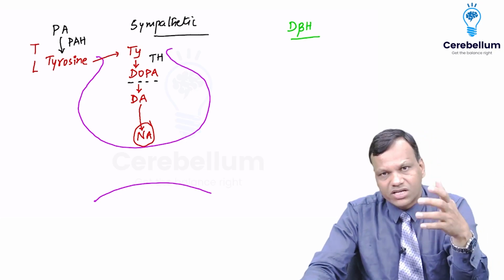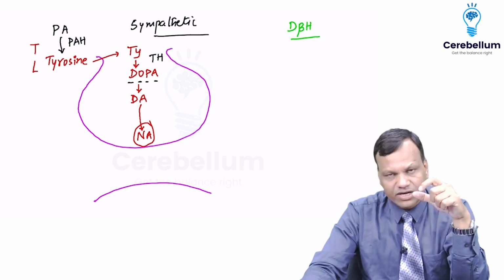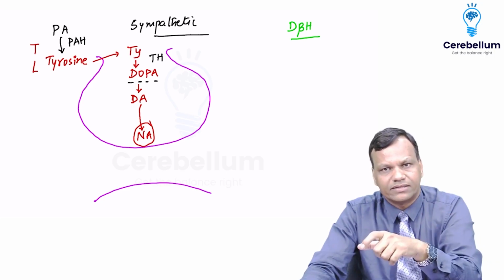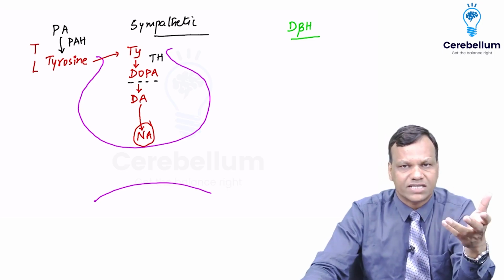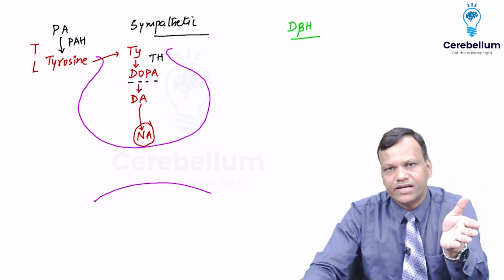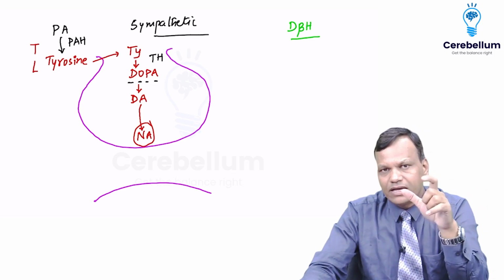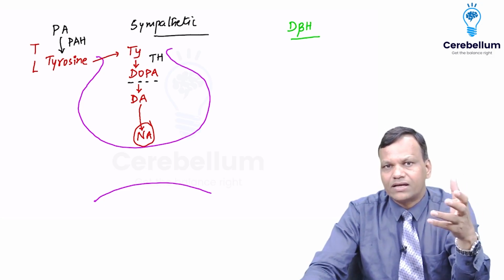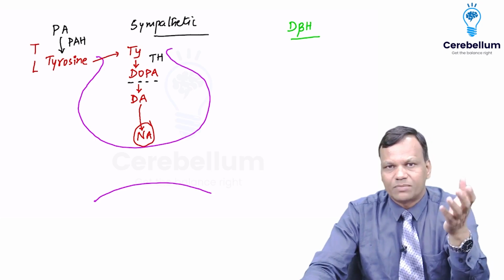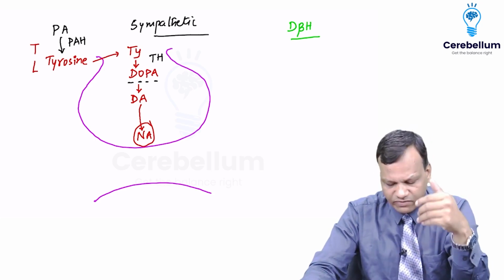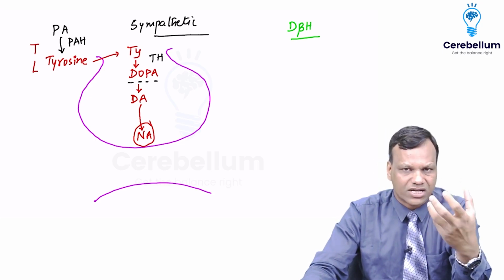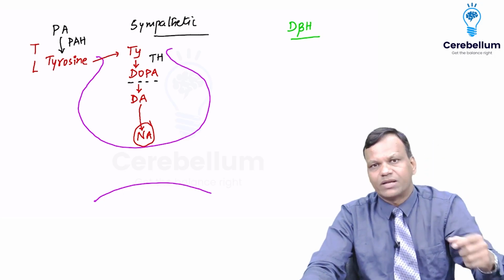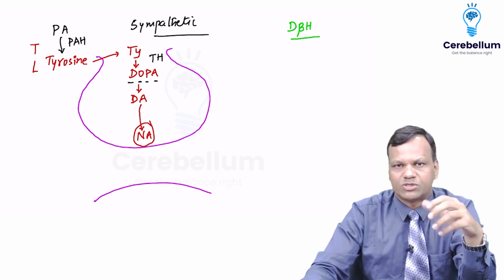But some neurons have one further enzyme which can convert noradrenaline to adrenaline. That is known as the methyltransferase enzyme. It converts noradrenaline to adrenaline, and in the adrenal medulla that enzyme is also present, so the end product is adrenaline. So what will be the end product as a neurotransmitter in which neuron? That will depend upon the enzymes present.